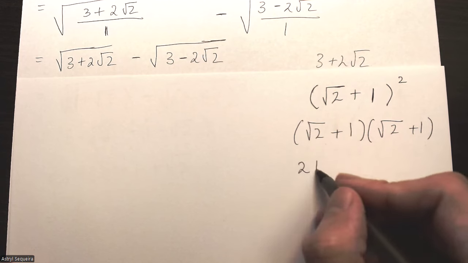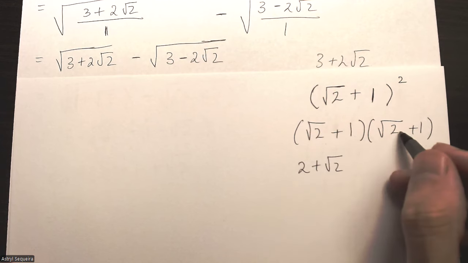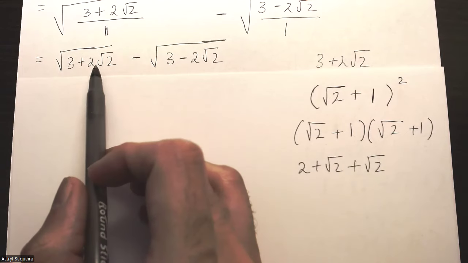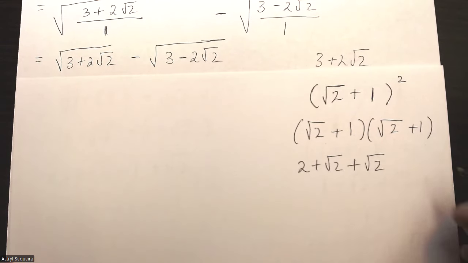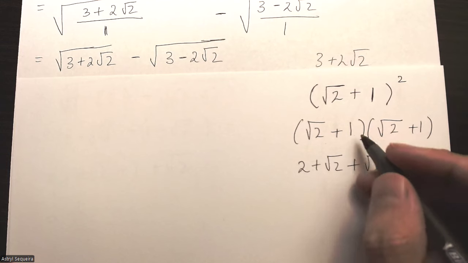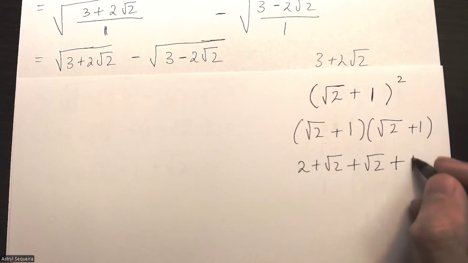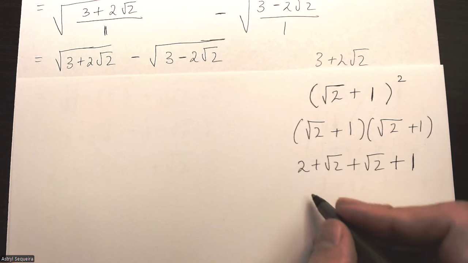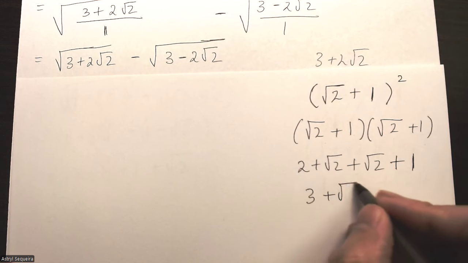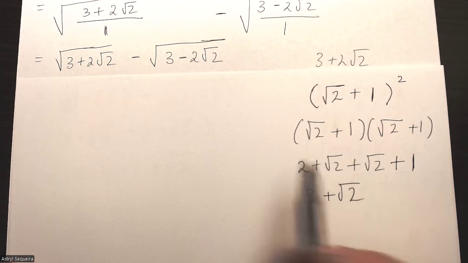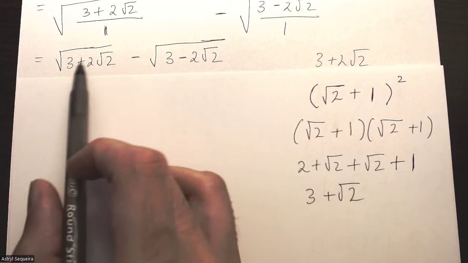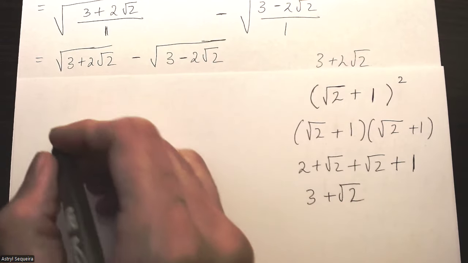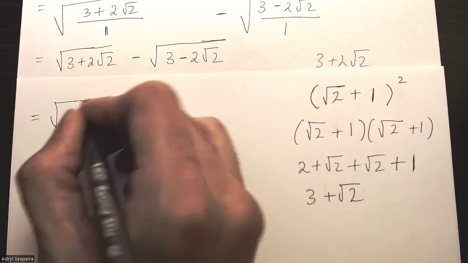Root 2 times 1 is root 2. 1 times root 2 is root 2. And the addition of these two will give me 2 root 2. Then I just have to test with the constants. 1 times 1 is 1, and then 2 plus 1 is just 3. So 3 plus 2 root 2. This gives me the exact same thing as that over there, which means I can replace this with root 2 plus 1 squared.